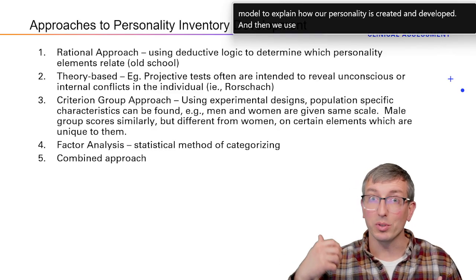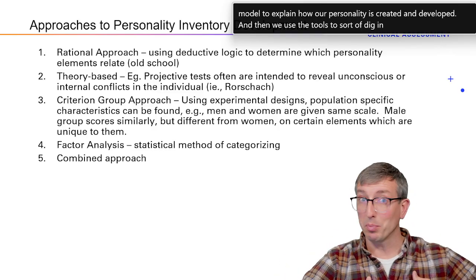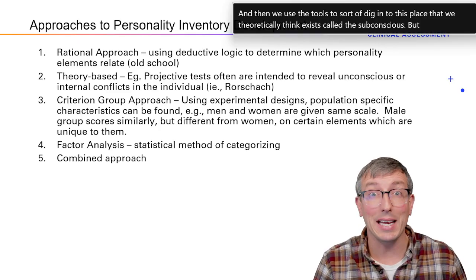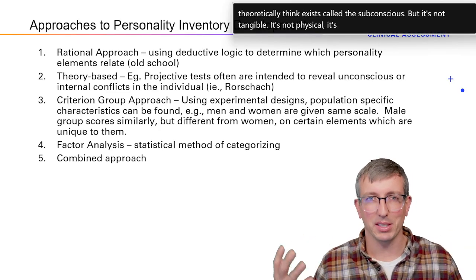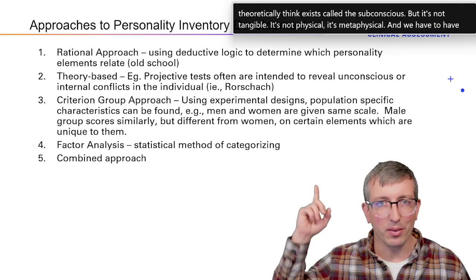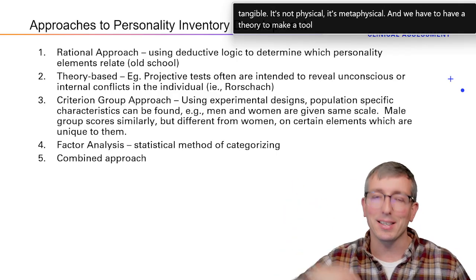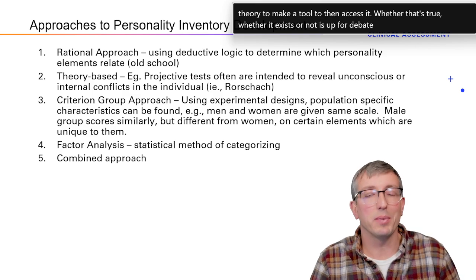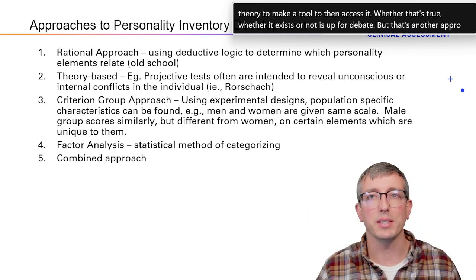And then we use the tools to dig into this place that we theoretically think exists called the subconscious, but it's not tangible, it's not physical, it's metaphysical. We have to have a theory to make a tool to then access it. Whether that's true, whether it exists or not, is up for debate, but that's another approach to this.